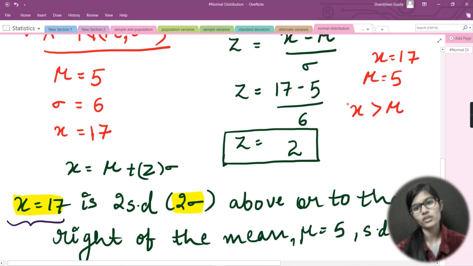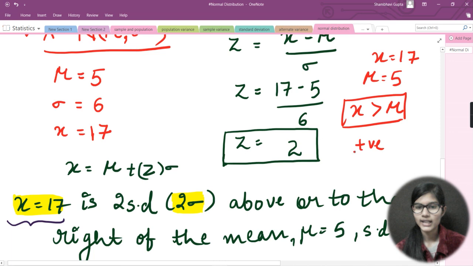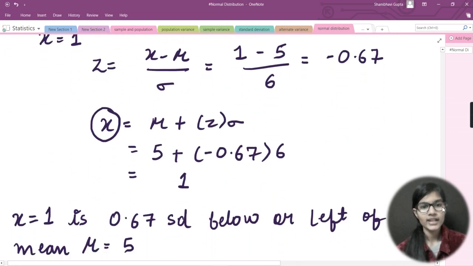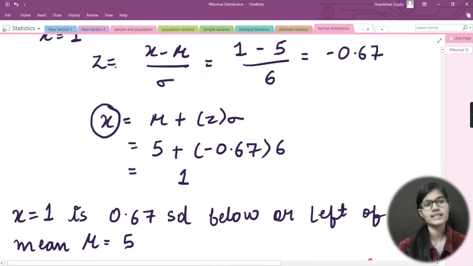So what I told for x greater than mu is that whenever the value of x is greater than the value of mu, we are always going to get a positive z score, right? So that is why here I got a positive z score. Now in this example, I have taken the value of x equal to 1.